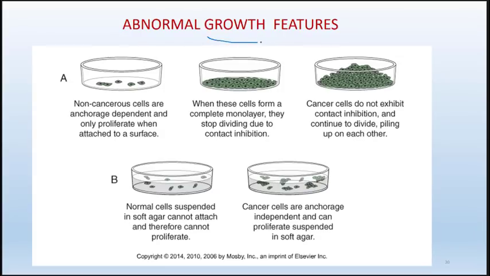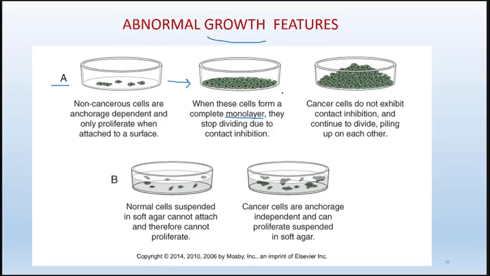Let's look at some of the abnormal growth features of cancer. So we're looking at how cancer cells behave, but we're comparing them to normal cells. So when you're looking at A here we have a dish that we have cells in. Normal cells growing in a dish will end up forming this monolayer. Okay, so one layer. And once they form this monolayer, they've realized they formed the monolayer, and they stop dividing.